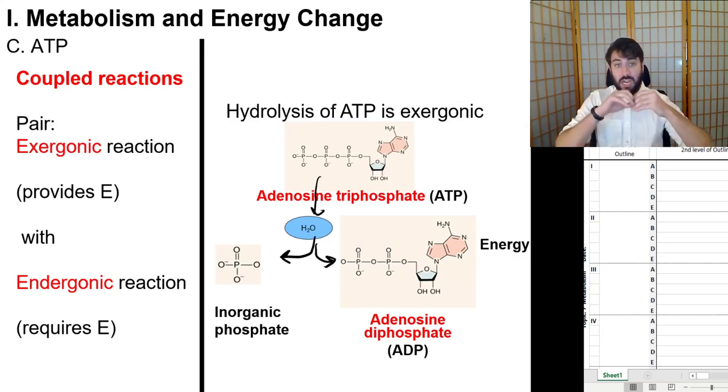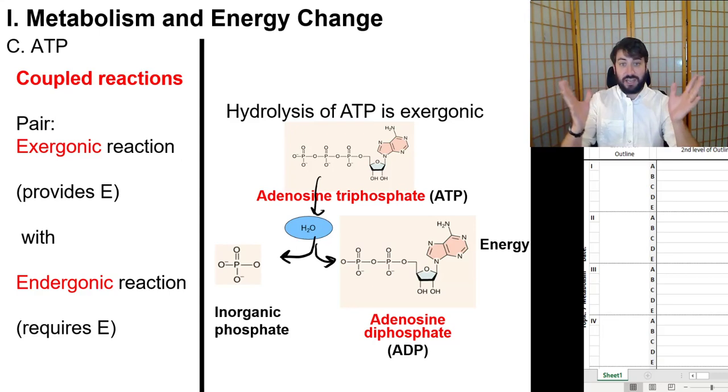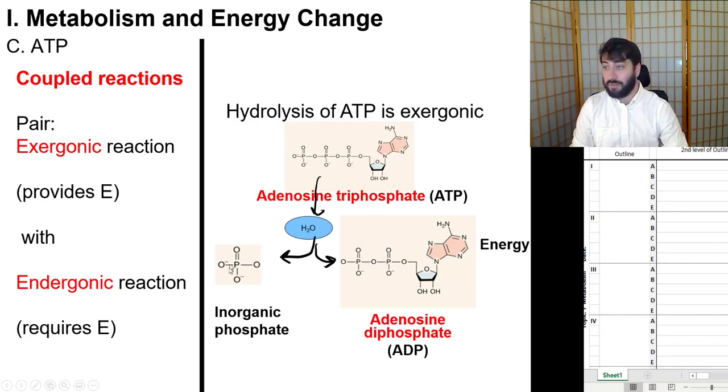Water comes in, cuts off that third phosphate and releases that energy, changing adenosine triphosphate into adenosine diphosphate. So this is pretty easily done because of that very unstable third phosphate here. So you end up with an inorganic phosphate that's floating around, as well as the adenosine diphosphate with 2 phosphates instead of 3, and also some energy.